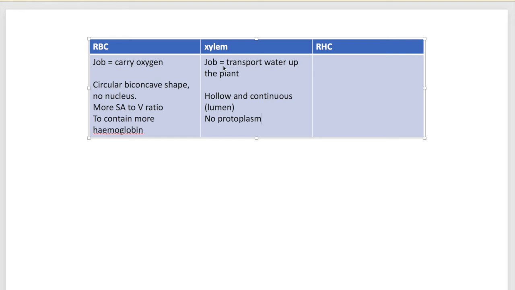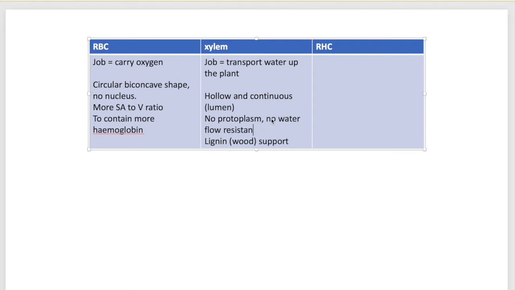So essentially, it's not much of a living thing. So the water can be channeled straight up, unobstructed, and so it does not have any living material that absorbs water, allowing the water to be transported faster. It is also supplemented with lignin. Lignin essentially is the wood of wood. Okay, the wood material of wood. So all this help the xylem to transport water from the roots to the leaves.